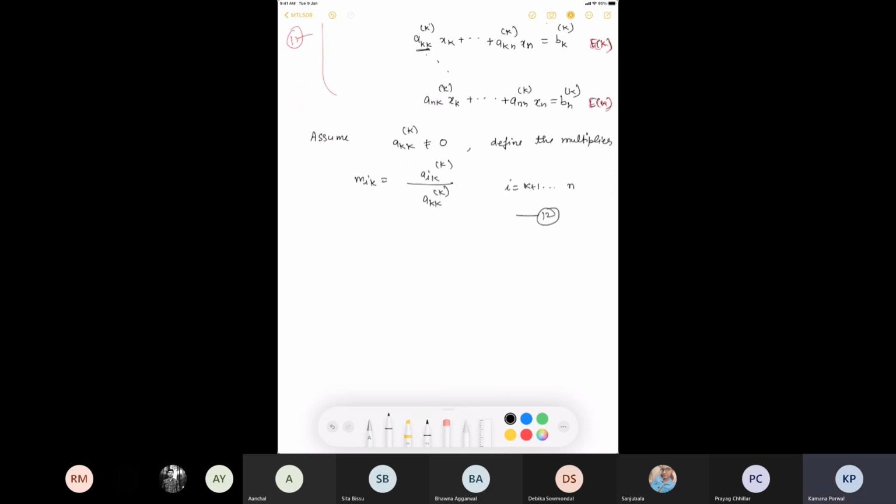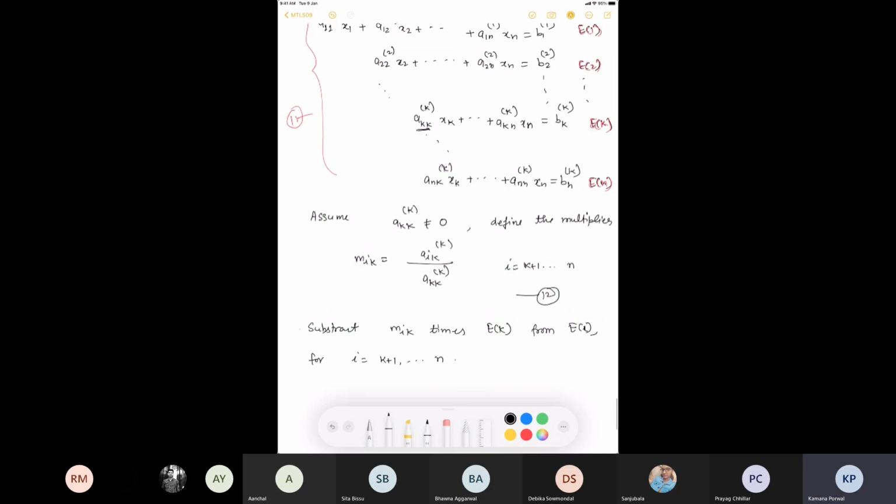So once we have found the multipliers, we are going to subtract mik times Ek from Ei for i equals for the equations k plus 1 to n.